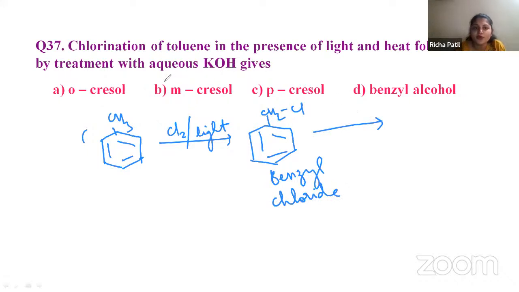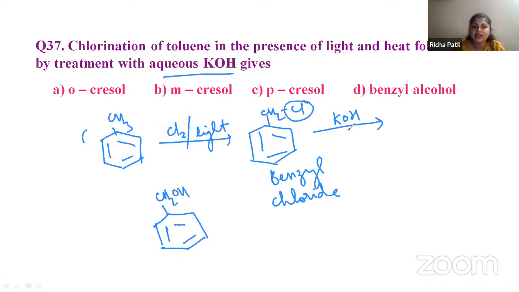Then what you have to do further is treat it with KOH. What will further treatment with KOH yield? It gives CH2OH. The Cl is replaced by OH minus, and KCl will be the side product. So what is the correct answer?